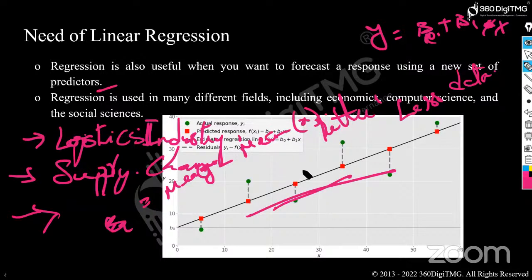Now, if you were to estimate the slope, you do 1 by n into the total sum of x, and how do you do the average? The mean of x and mean of y. So here will be your intercept.